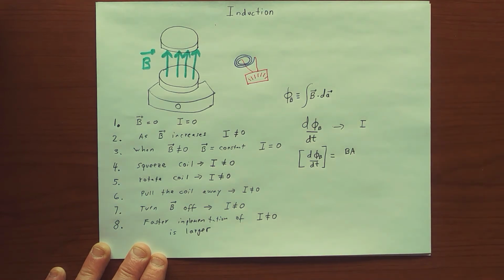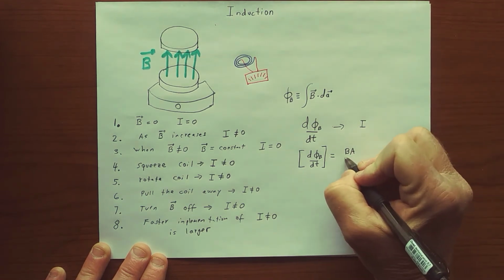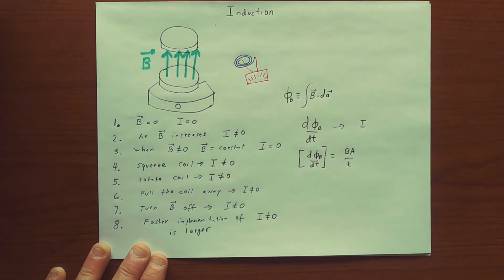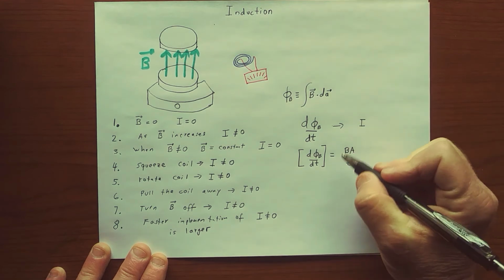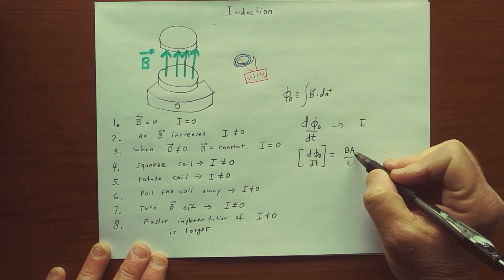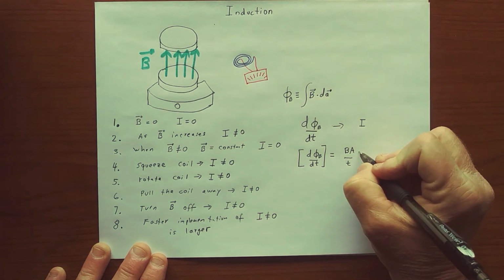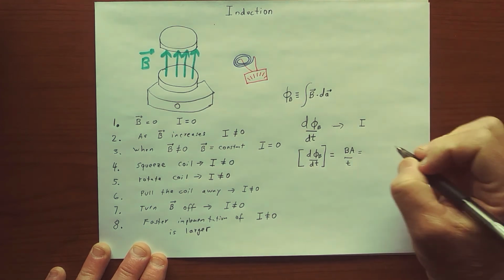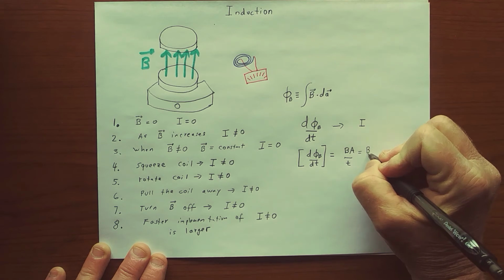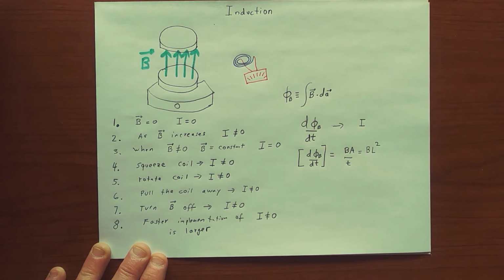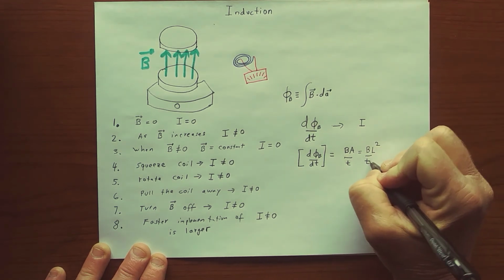And we're dividing by dt, that's the time. So dimensionally, the changing magnetic flux is a physical quantity that has dimensions of magnetic field times area divided by time, which we can write as B times length squared, since area is length squared, divided by time.